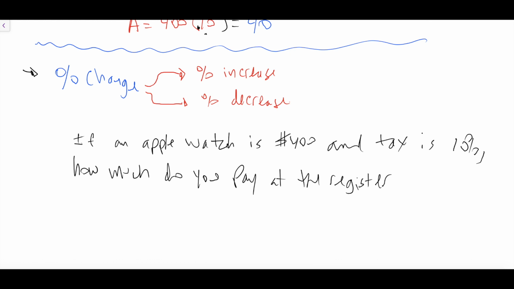Which, by the way, is a trick question because they don't have registers at the Apple Store. So how much do you pay at the register?